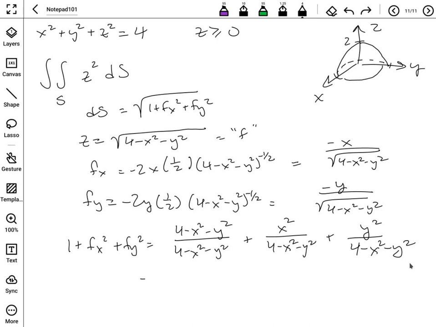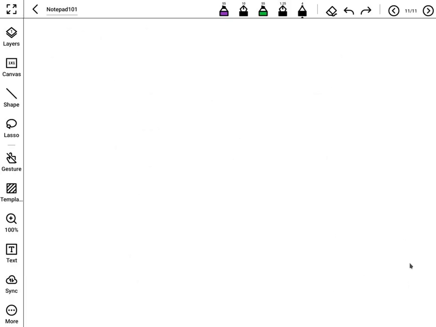Then I get 4 minus x squared minus y squared plus x squared plus y squared over 4 minus x squared minus y squared, just adding fractions together. That's 4 over 4 minus x squared minus y squared.